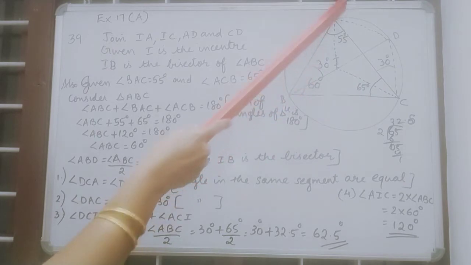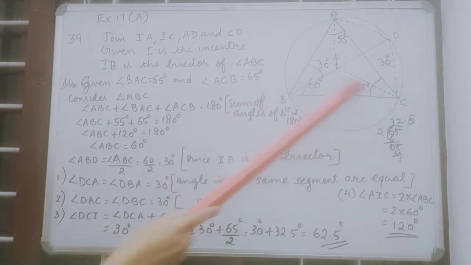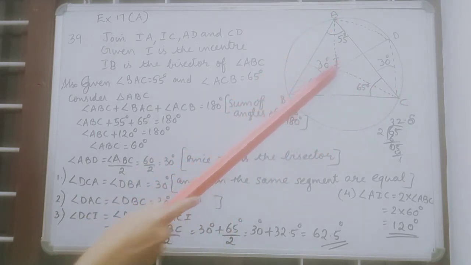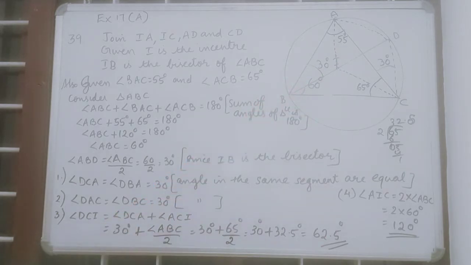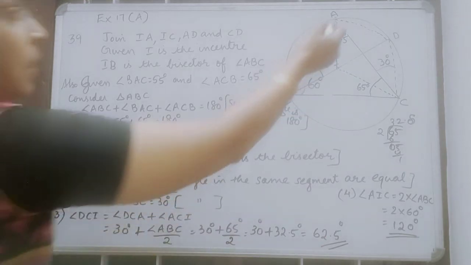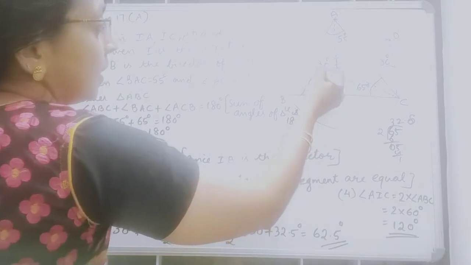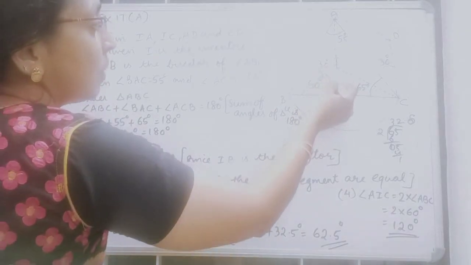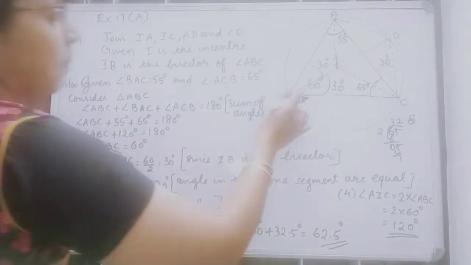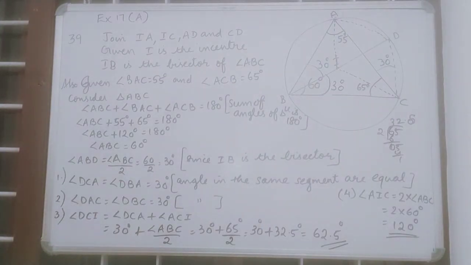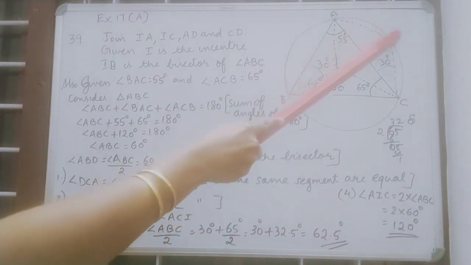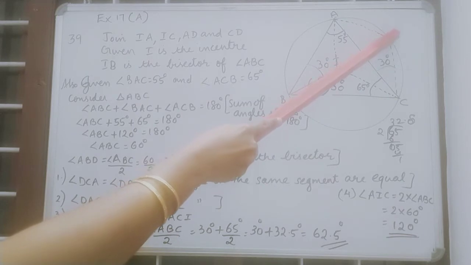Since this total angle ABC is 60 degrees and BI is the bisector, we have ABD as 30 degrees. So DBC also will be 30 degrees.